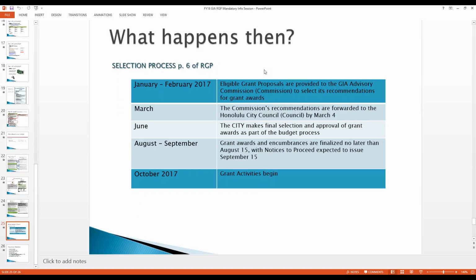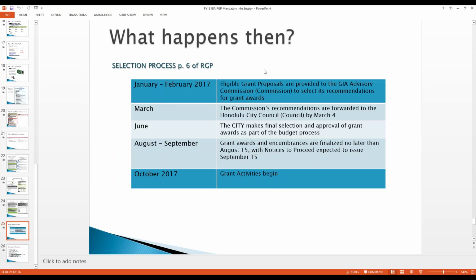Once we get your applications, which are due again November 14th by 2 o'clock, between November and December, Department of Community Services staff will look through the proposal, make sure that compliance documents are met, and we may also clarify any questions we have about the compliance documents before we present your proposal to the Grants Commission, which happens early in January of next year.